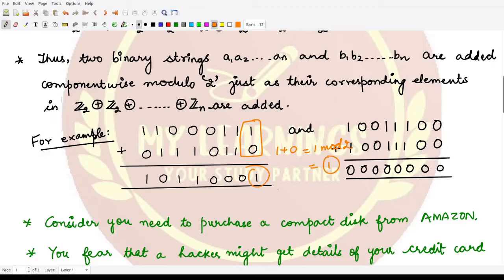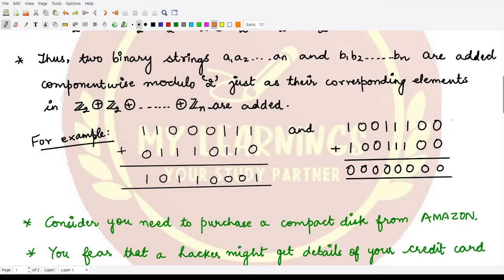Next, when we add 1 plus 1, its answer is 2, and then we calculate 2 mod 2. When you divide 2 by 2, you have 0 as the remainder. So 0 is your answer, right? In a similar manner, 1 plus 1 is 0, 0 plus 0 is 0, 0 plus 1 is 1, and 1 plus 0 is again 1.